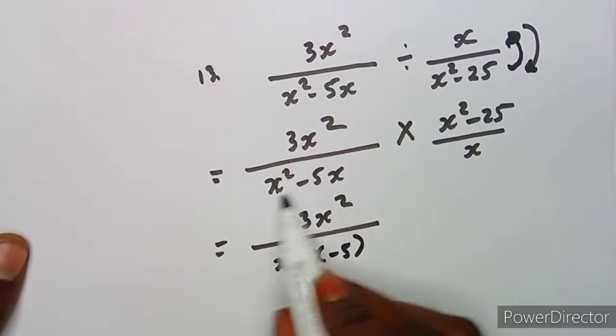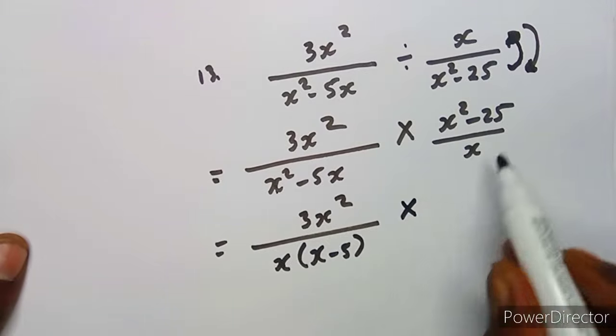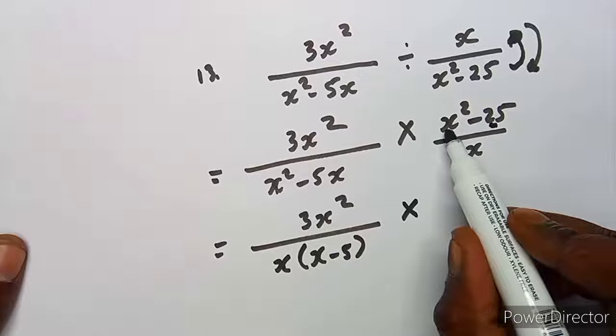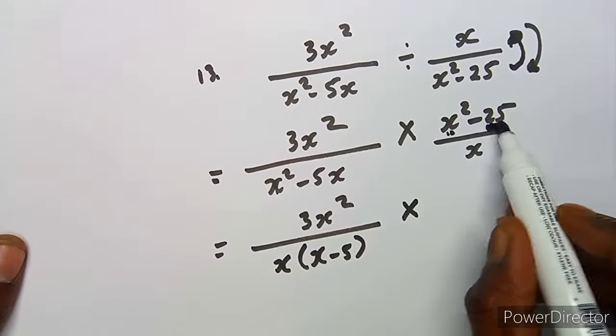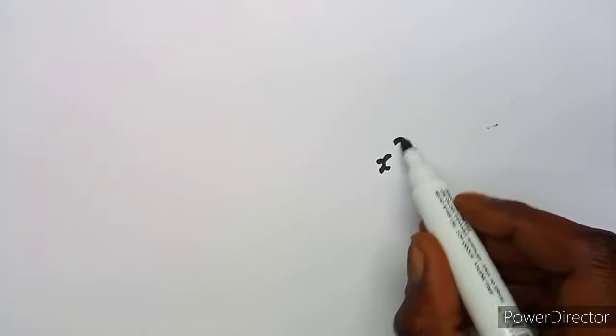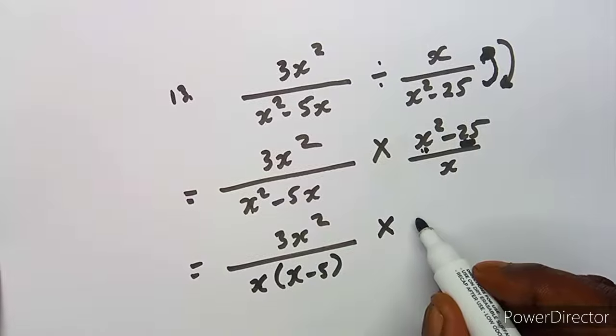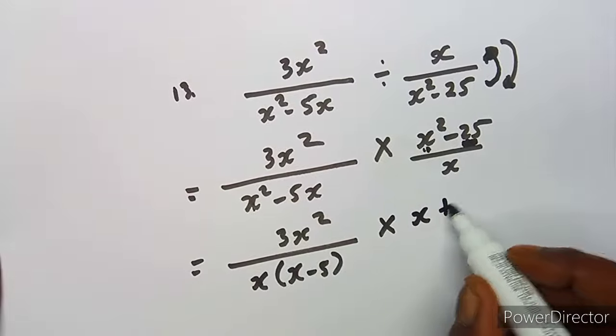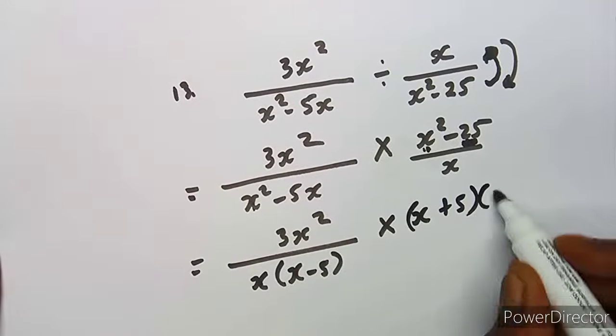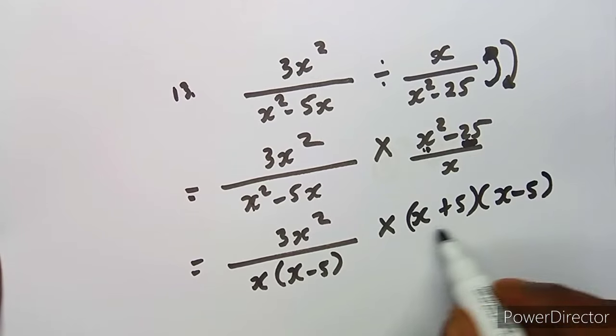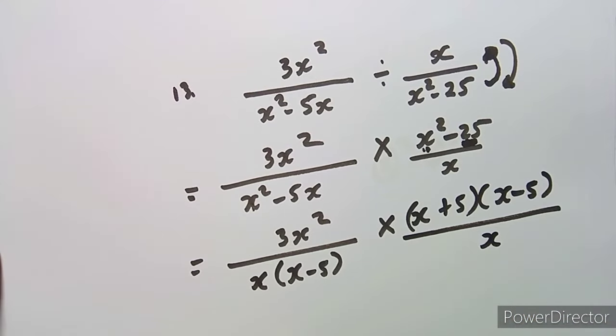Remember, guys, x is common only here, times what type of an expression is this? It's a difference of two squares, because 25 is the same as 5 squared. So this is a difference of two squares. We've got x plus 5, square root of x squared which is x, square root of 25 which is 5. So one is going to add, another one will subtract, over x.